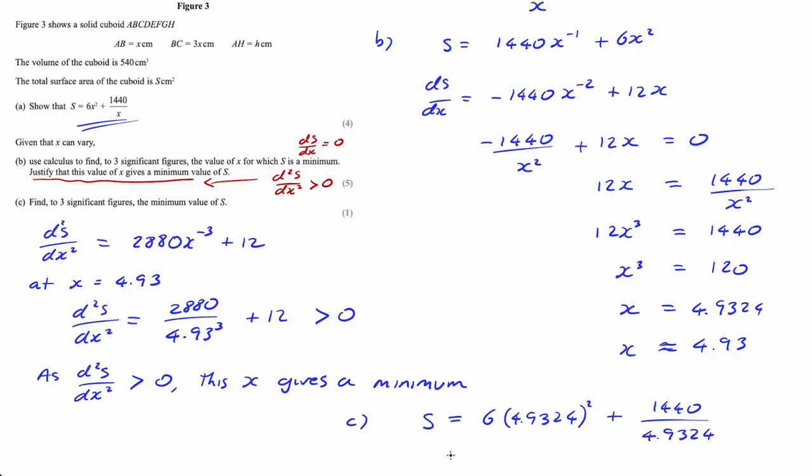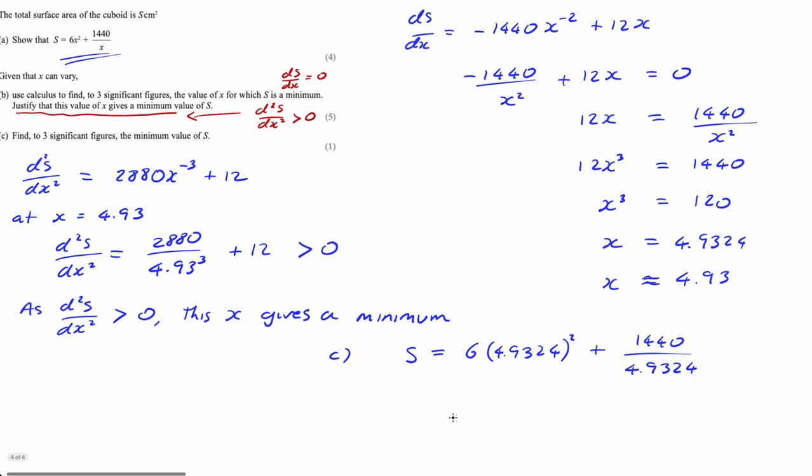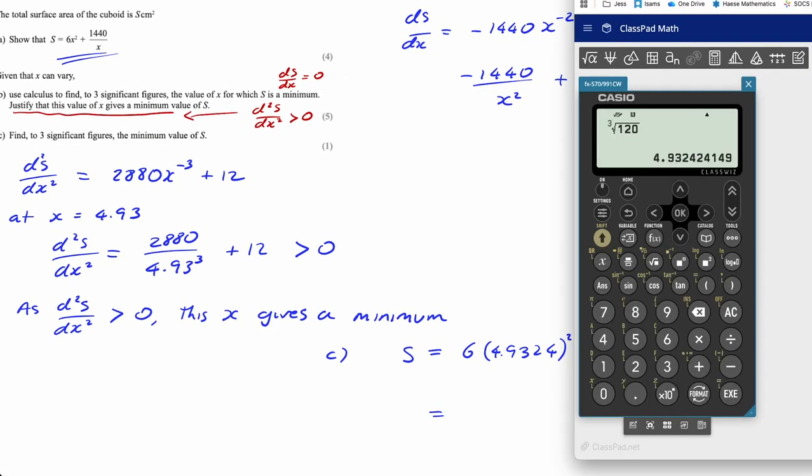And this is equal to, well, I'll just do this on the calculator. It's 6 times 4.9324 squared plus 1440 over 4.9324 gives us 437.9.